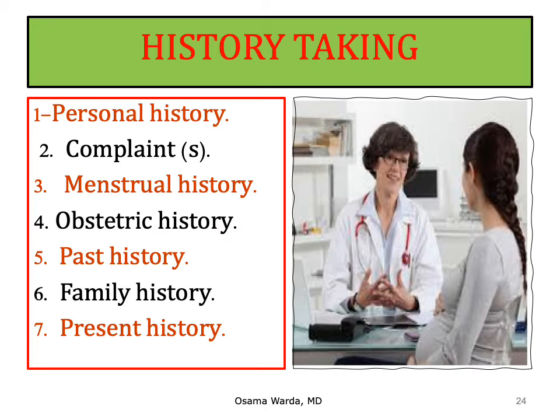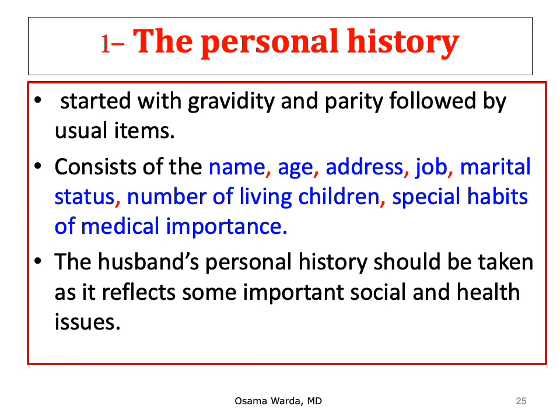So we can say prime gravida, named, aged, but you should start with gravidity and parity. Then complaint, menstrual history, obstetric history, past history, family history, and finally the present history.